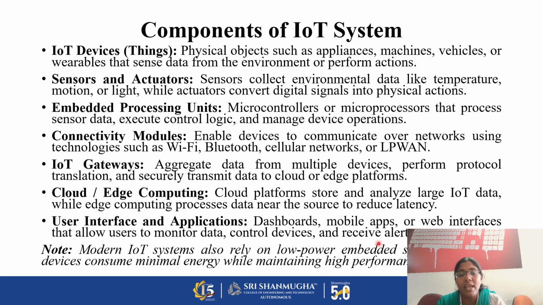So the customer can use the data with the help of these dashboards, mobile phones, or other user interfaces. Modern IoT systems also rely on low power embedded systems, because they should consume minimal energy as well as deliver high performance.